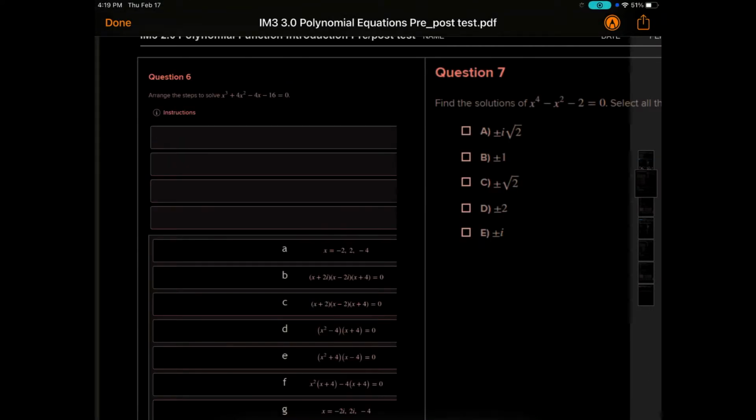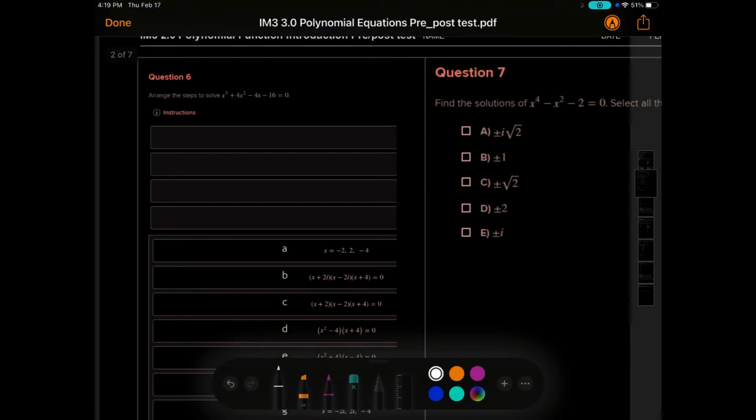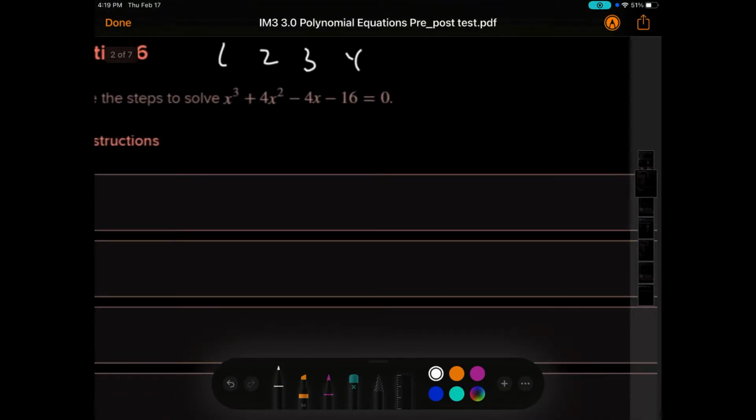Let's go on. All right, this next question asks us to put these things in order. And you have 4 terms here, so let's count them. Pencil's not writing. 1, 2, 3, 4. And you're going to try doing something called factoring by grouping. So I'm going to call this my first step. I'm going to pull out an x squared as my greatest common factor. Then I have x plus 4 that's left. Now, the x plus 4 is what I'm going to try to get over here on the other side.